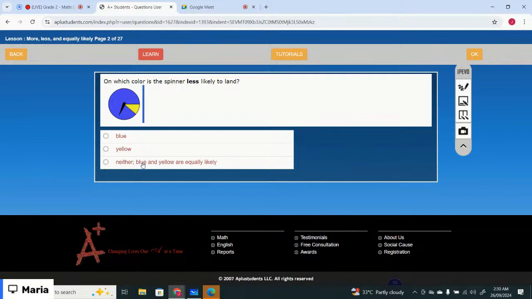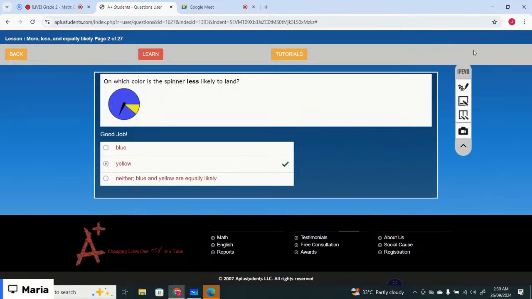Just listen to the question carefully. The smaller portion is yellow, so it will less likely land on yellow. Just listen to me carefully.